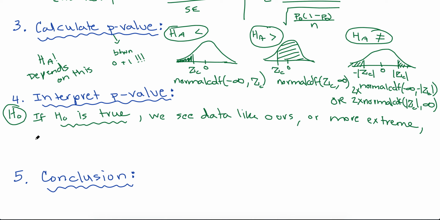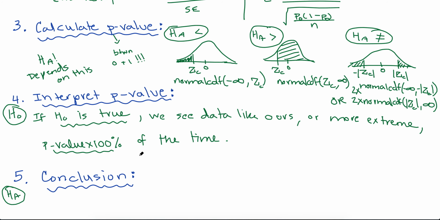We'd see our data or more extreme, p-value times 100% of the time. So here, when you find p-value, that's as a decimal, multiply by 100 to make it a percentage in your interpretation.